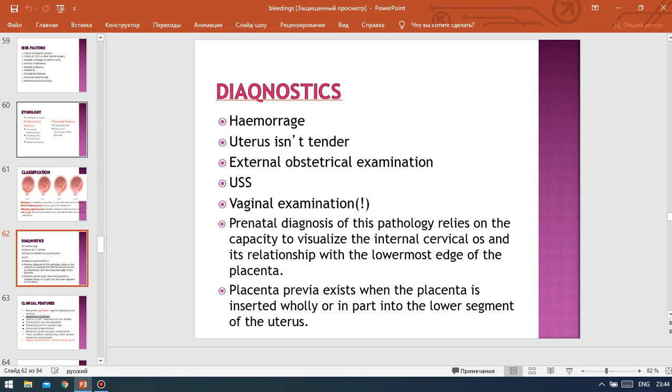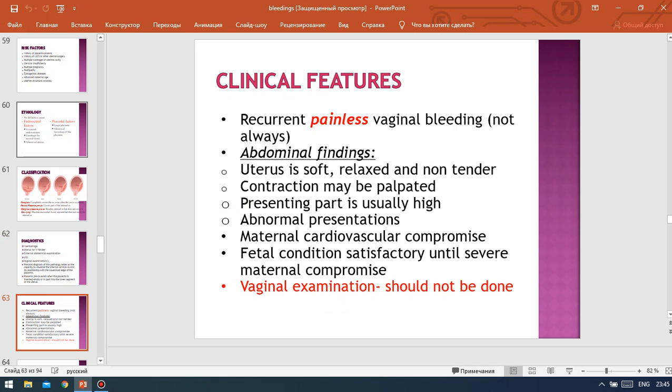Prenatal diagnosis of this pathology relies on the capacity to visualize the internal cervical os and its relationship with the lowermost edge of the placenta. Placenta previa exists when the placenta is inserted wholly or in part into the lower segment of the uterus. Clinical features: recurrent painless vaginal bleeding, not very often.